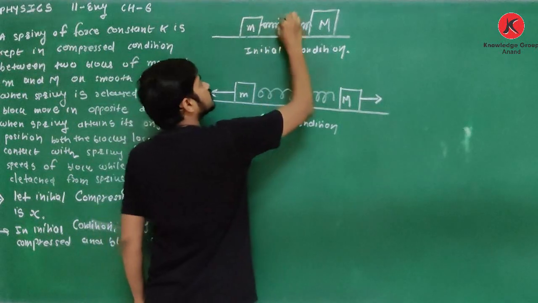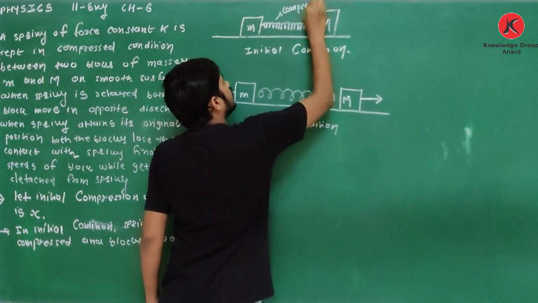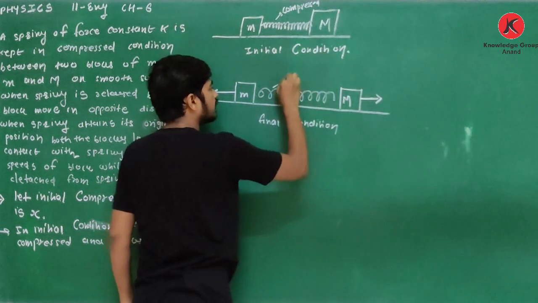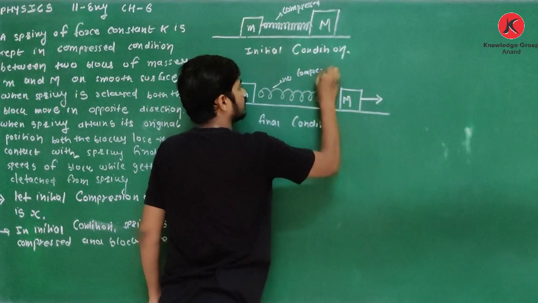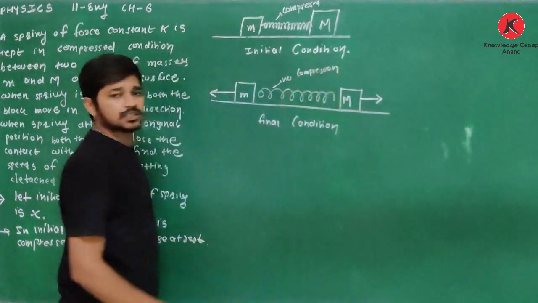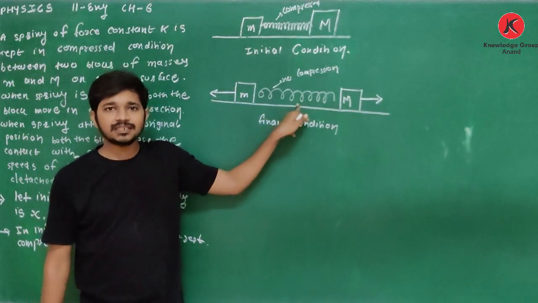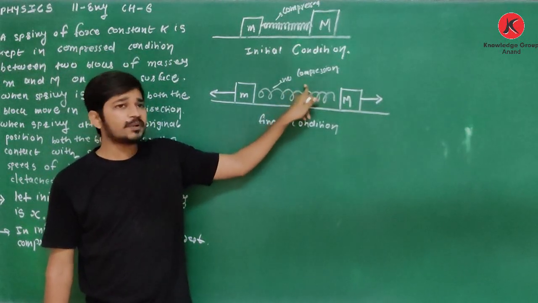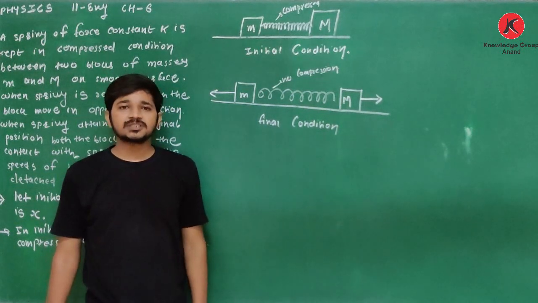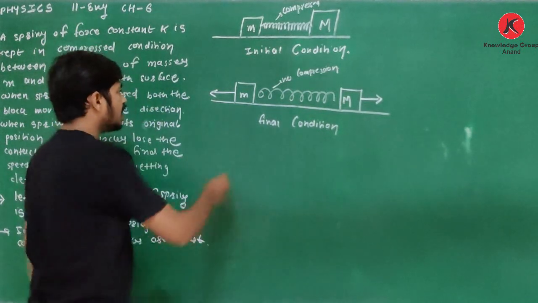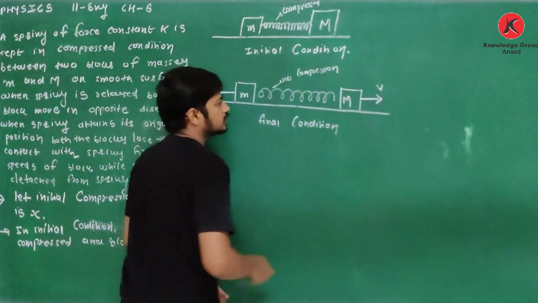Here this spring is compressed. Now in this spring, there is no compression. Clear about this? So yes, it is the final condition. When this spring attains its normal condition, meaning no compression, we find the speeds of these two blocks. I am assuming that the speed of this block is u and the speed of this block is v.